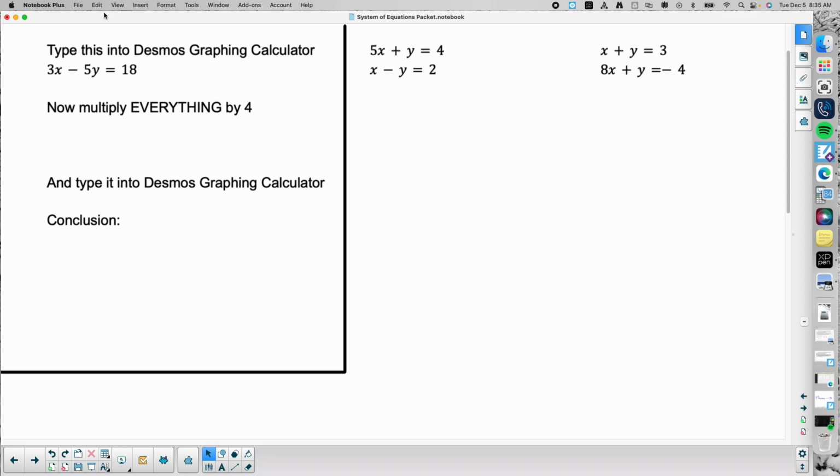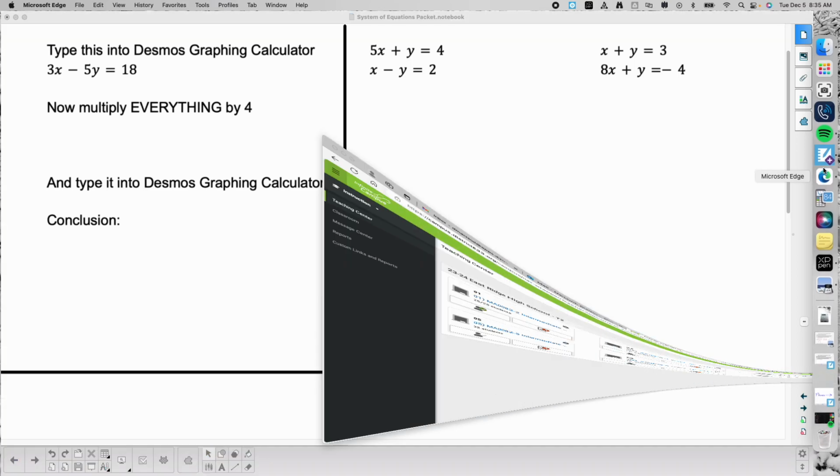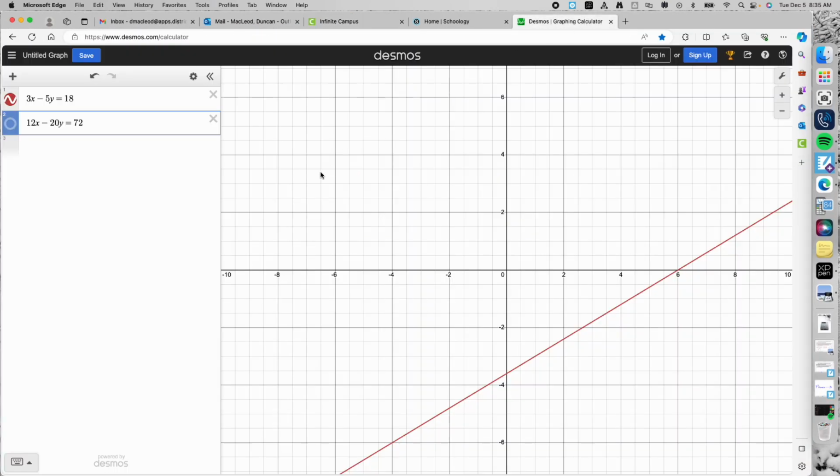I'm okay if you want to do this with me, but otherwise I can also just put it up on the smartboard. First thing we're going to do is go into Desmos and type in this equation, 3x minus 5y equals 18. And if you wanted to do it as well, feel free.